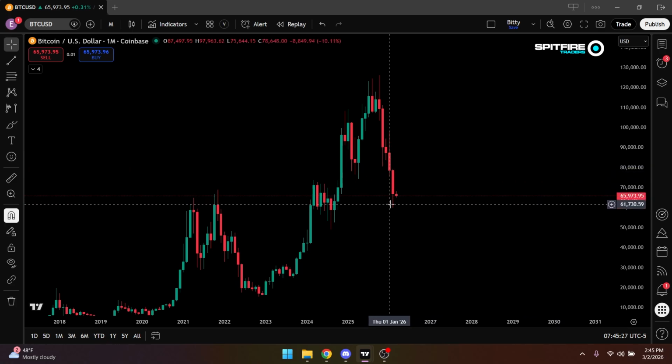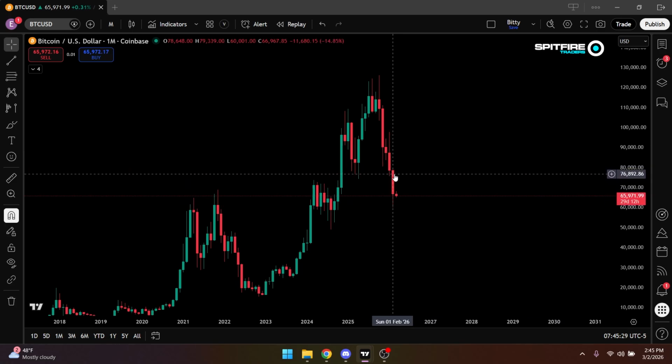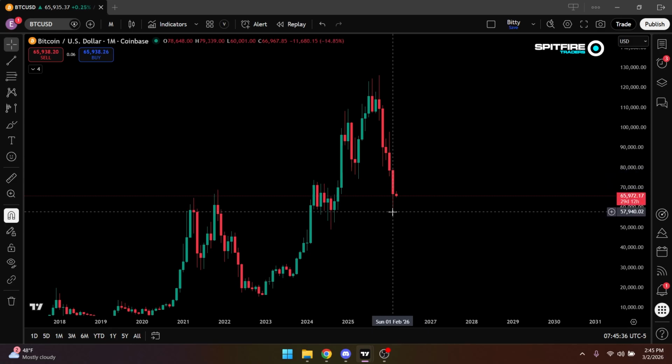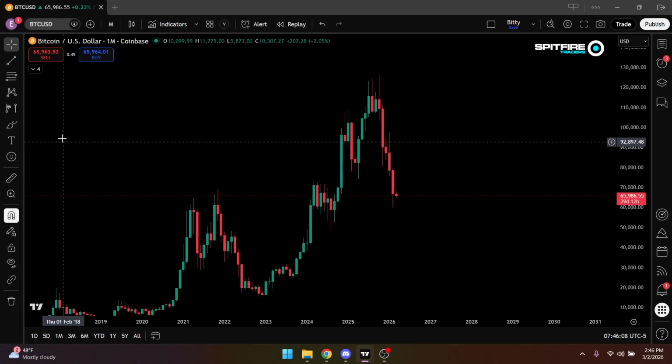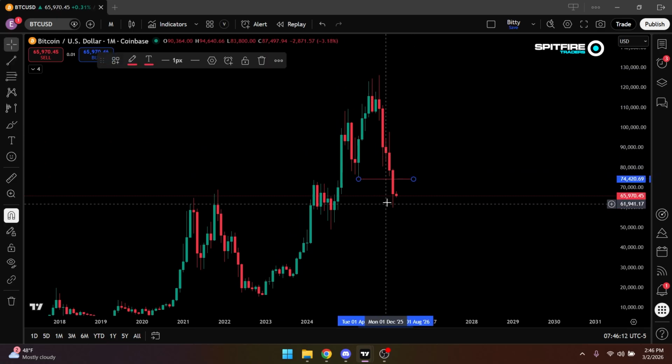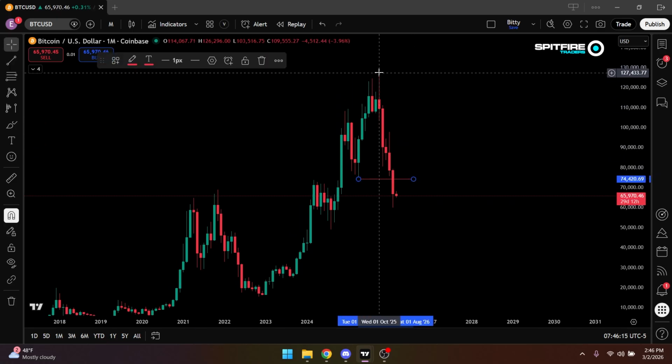So as you can see, that's a really big red candle, not looking good for bulls because this candle here gives me the bias for previous month low. We also have a market structure break here because this candle closed below the week that caused the all-time high.